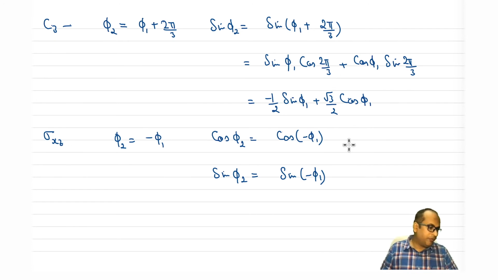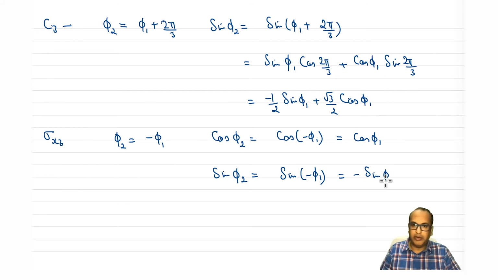So this will be equal to cos phi 1, and this will be equal to minus sine phi 1. So now that we have calculated, let us calculate the effect of these different symmetry operations onto all of the elements, which is psi r, sine theta, cos phi, and sine theta, sine phi.